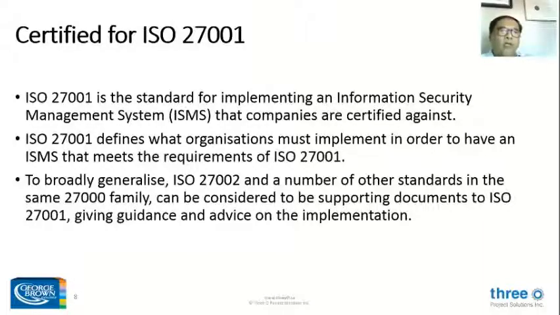So ISO 27001 defines what an organization must implement in order to have an ISMS, which is the Information Security Management System, that meets the requirements of ISO 27001. To broadly generalize, ISO 27002 and a number of the other standards in the 27000 family, which in a second I'll show you, can be considered supporting documents to ISO 27001, giving guidance and advice on the implementation.